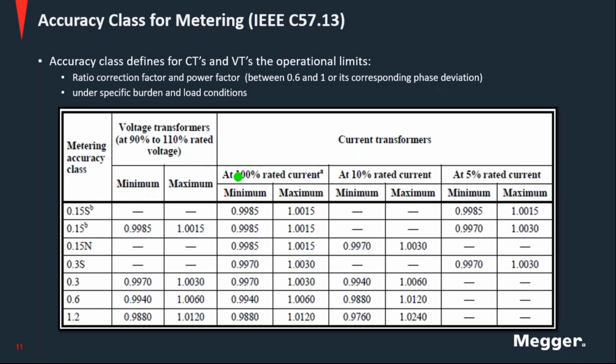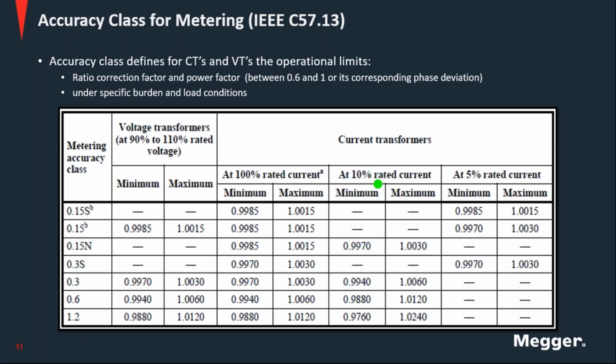Current transformers need to perform at 100% of rated current, and if you have no load, or the load is too small, then probably you don't need such high accuracy. However, with how power systems operate now, you would have times during the day with full load, or with a reduced load. So these transformers need to perform also down to certain levels.